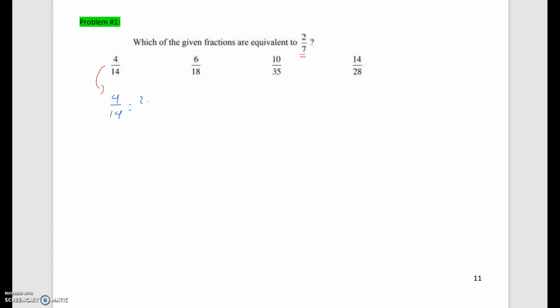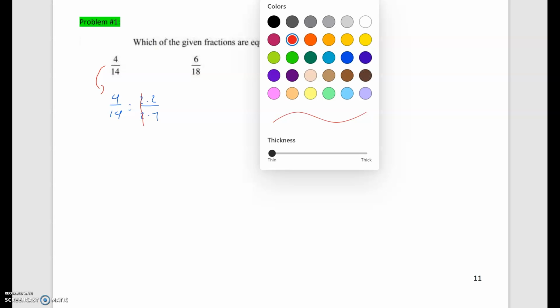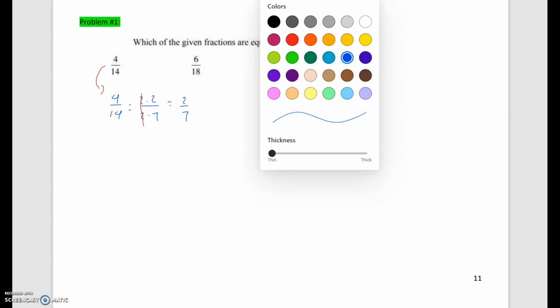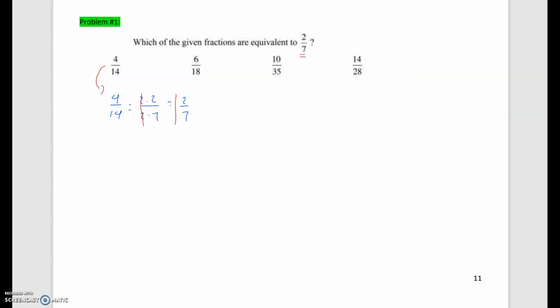Sorry, I was looking at the denominator. And then if you cancel, the first fraction actually reduces to 2/7. So we're good on this one. This will be part of our solution.